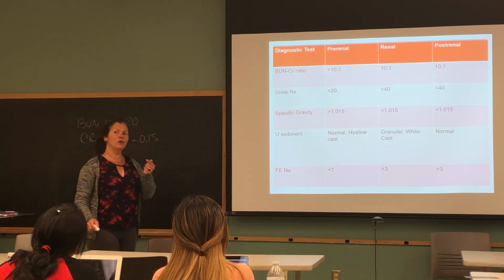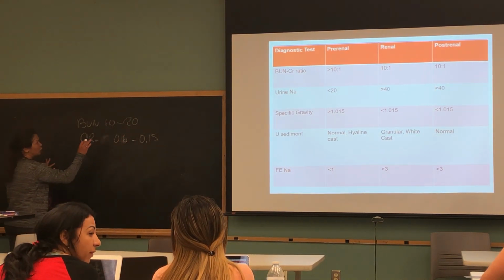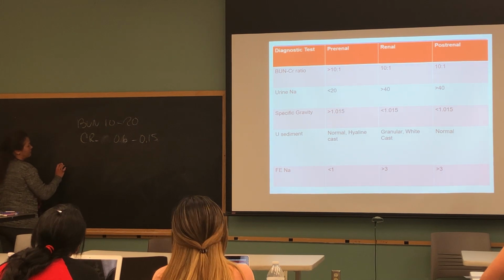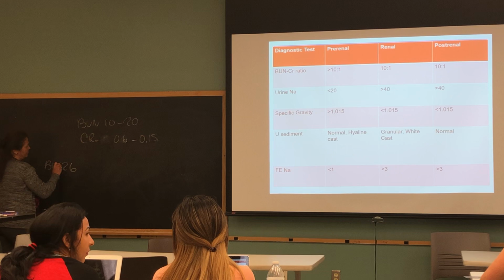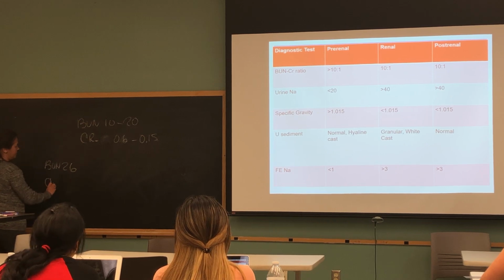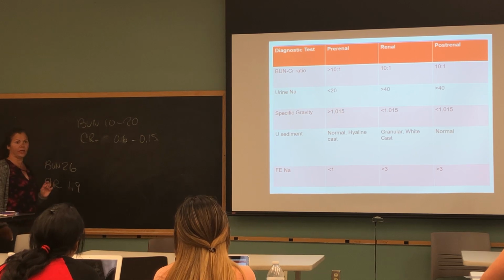So what about if you now come to me with a BUN of 26, okay? And the creatinine is 1.9. Okay?